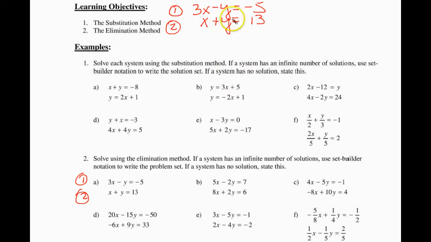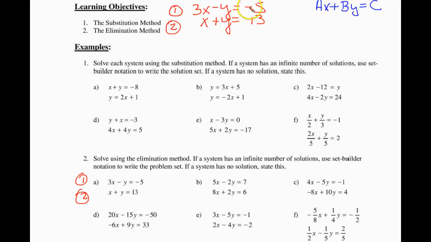Now, both of these equations are in what we call standard form. Standard form, you recall, maybe, is ax plus by equals c. So you have your x term, your y term, and a constant. That's what we have here.